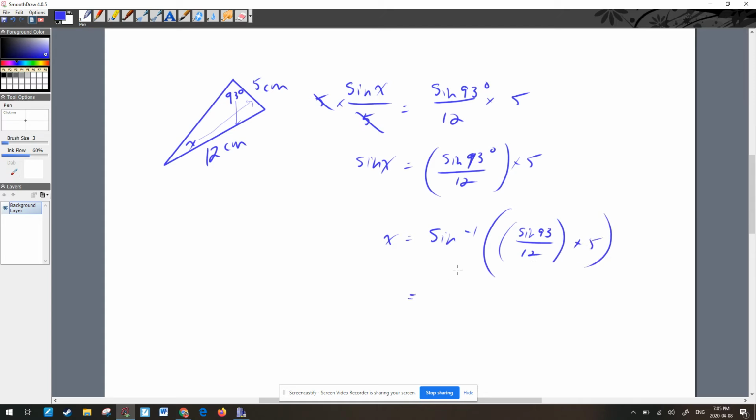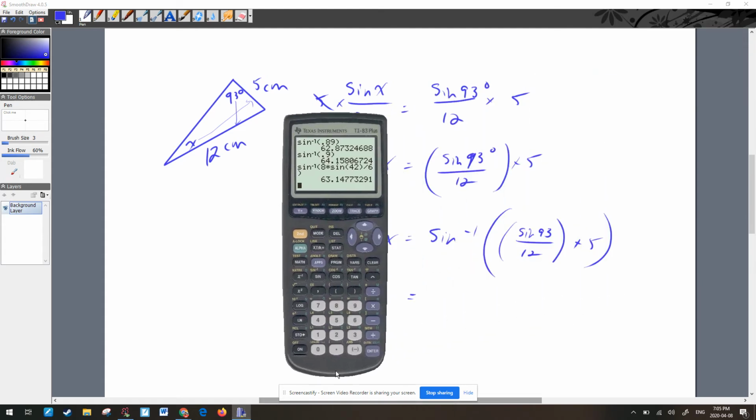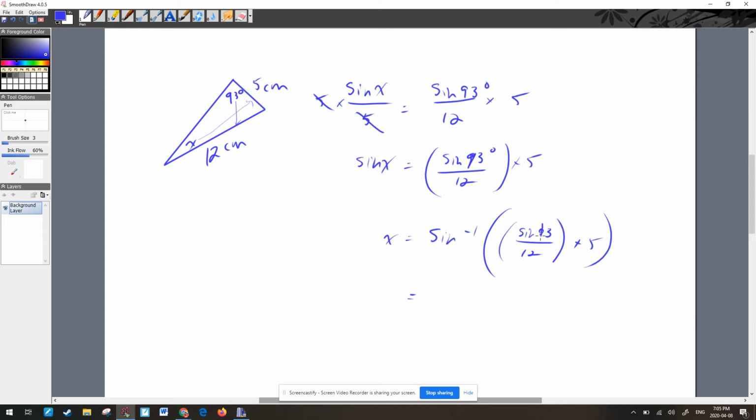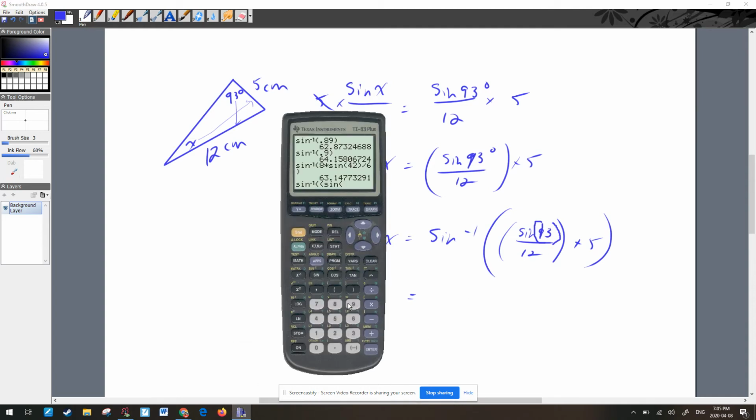And I can type that into my calculator exactly as it appears. So grab my calculator. Second function, sine inverse of open bracket, that's this guy right here. And then I got a second bracket, so bracket, the sine of, there's really brackets here as well, sine of 93.